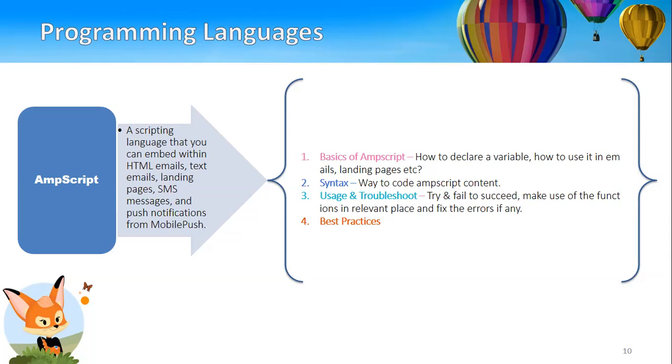So it is better to learn this on that particular topic itself. If you make some errors and then learn, you'll understand how it would work correctly. So make use of the AMPscript functions and fix the errors while learning itself, so that it is easier when you work in a live environment.